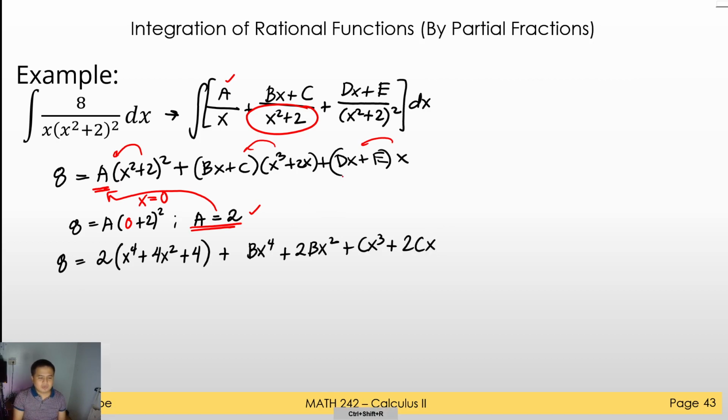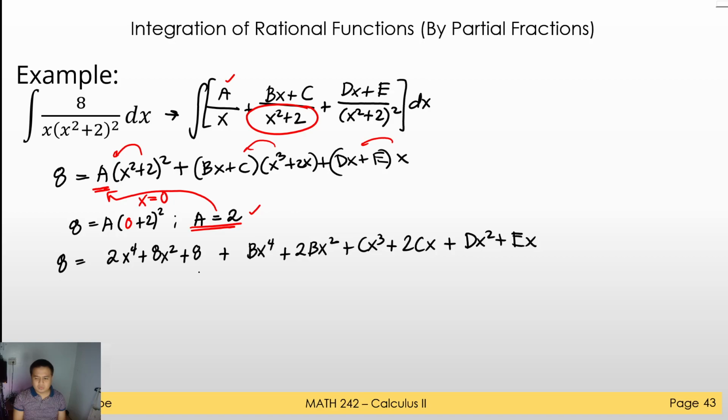And then for this one, you have plus Dx squared plus Ex. At this one as well, you can simplify this. I will just simplify this to make things faster. So this will be 2, this will be 8, this will also be 8.